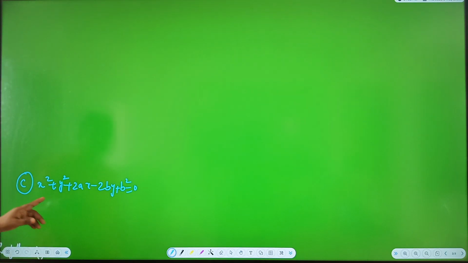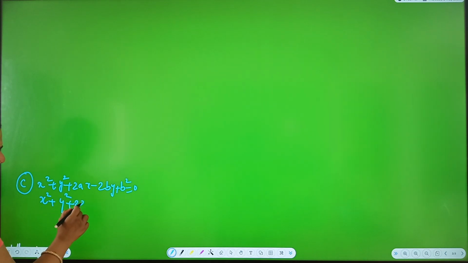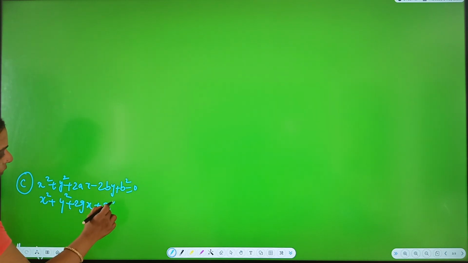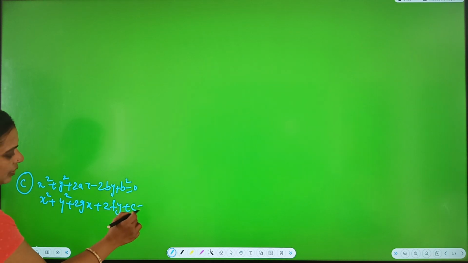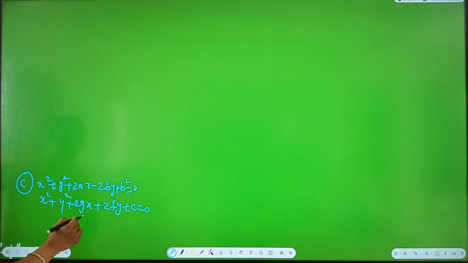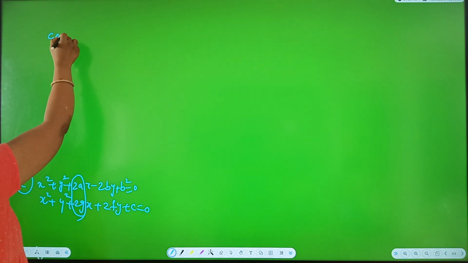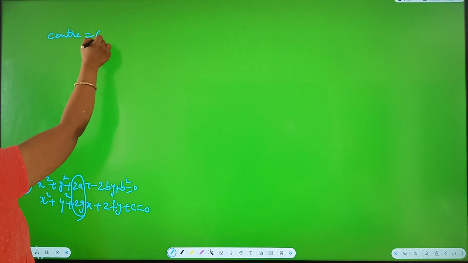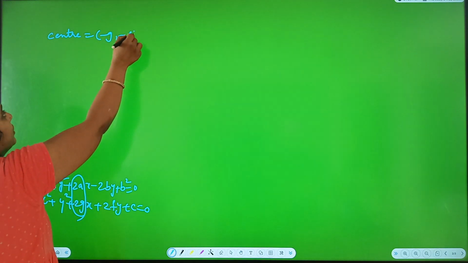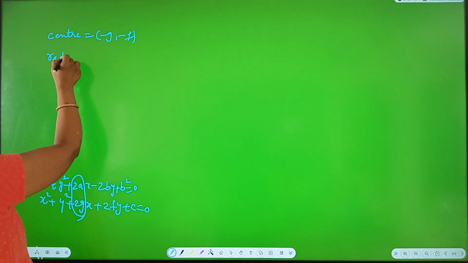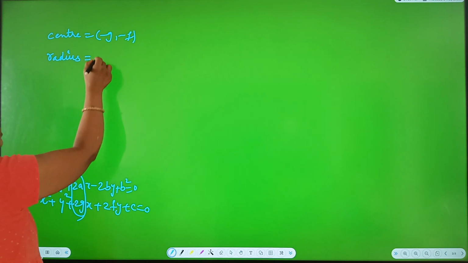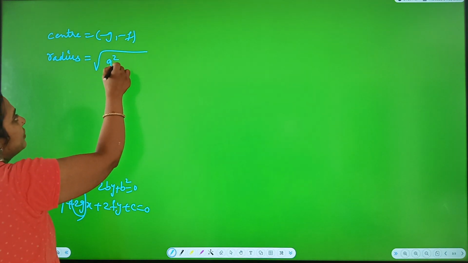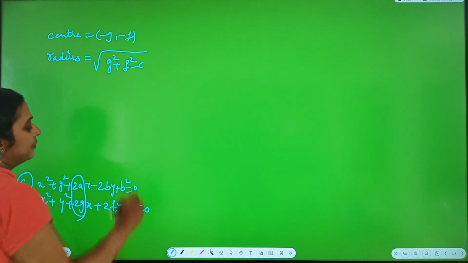Here comparing with the general form, x square plus y square plus 2gx plus 2fy plus c equal to 0. Center equal to minus g comma minus f. Radius equal to under root of g square plus f square minus c.